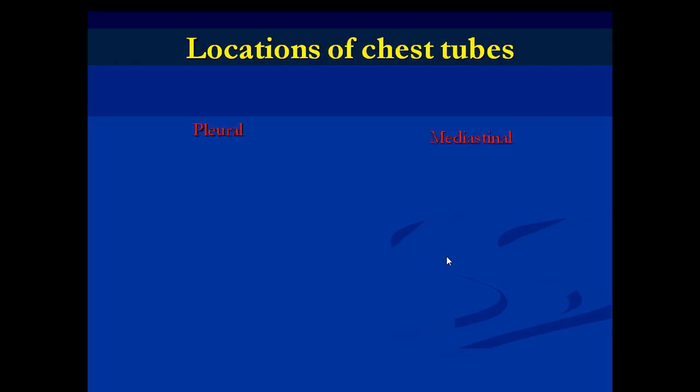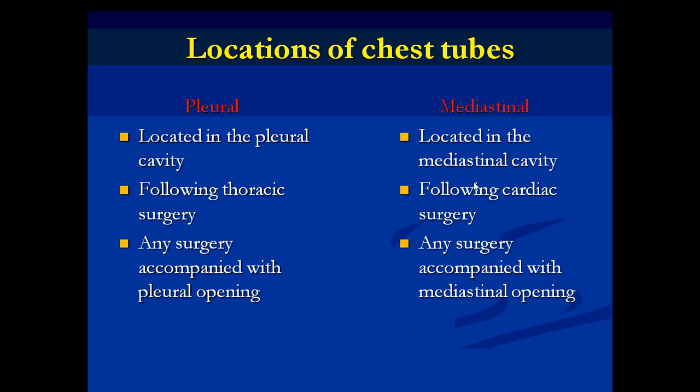Locations of the chest tube. It's either pleural, as we mentioned before, or mediastinal. A pleural chest tube is located in the pleural cavity following thoracic surgery, including operations for the lung or the pleura, or any other surgeries that are accompanied by opening of the pleural cavity.